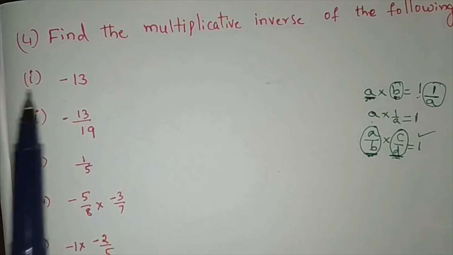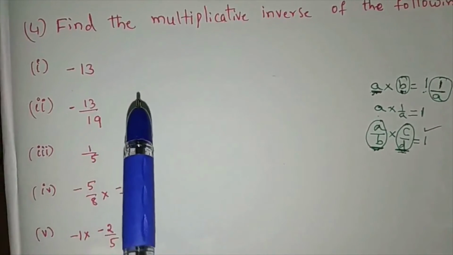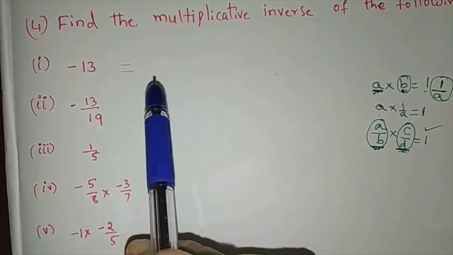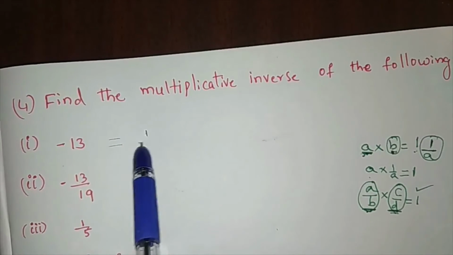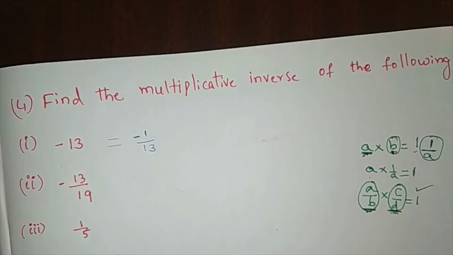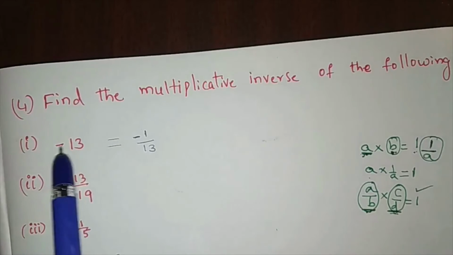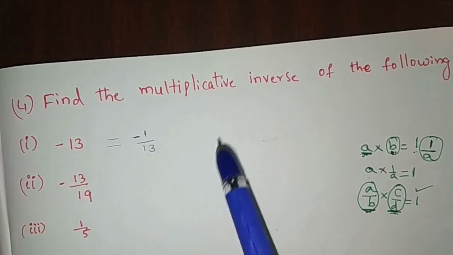So here the first number is minus 13. What is the multiplicative inverse of minus 13? It is nothing but minus 1 by 13. Here there is no need to change the sign of the given number.